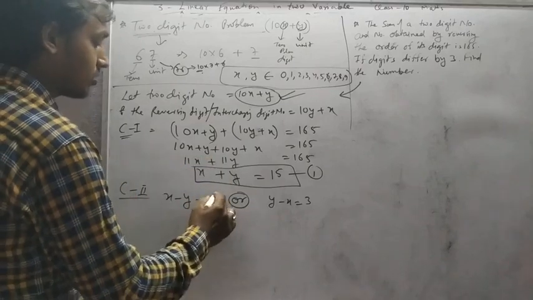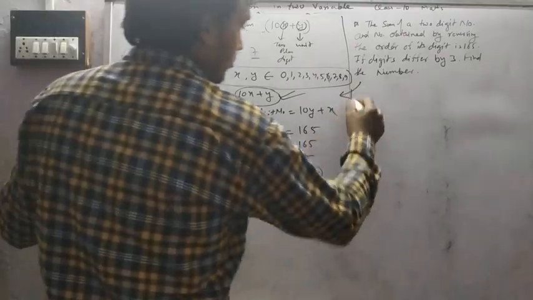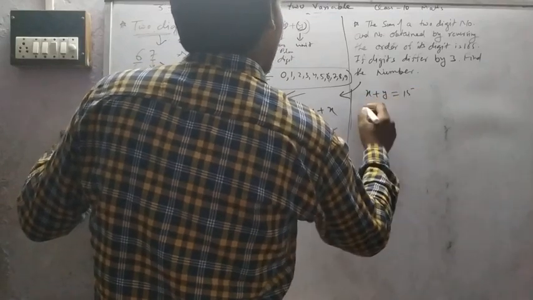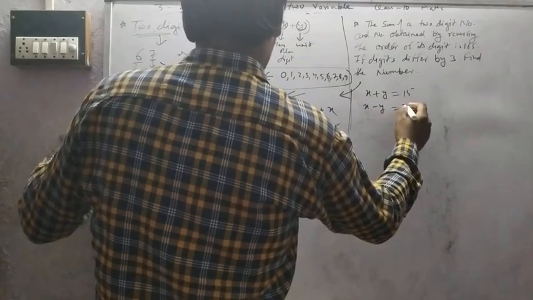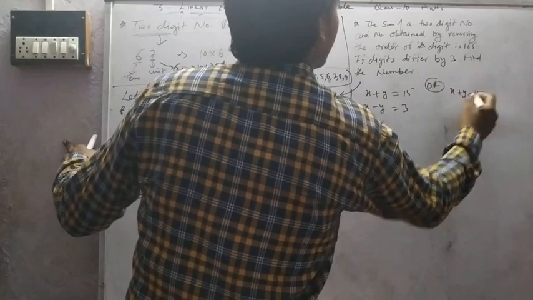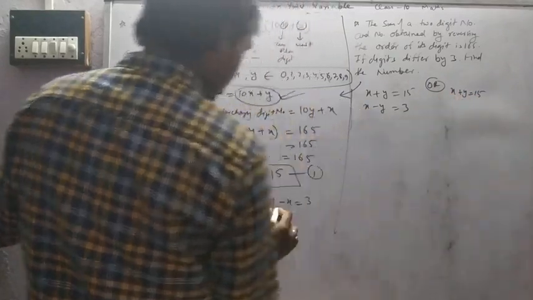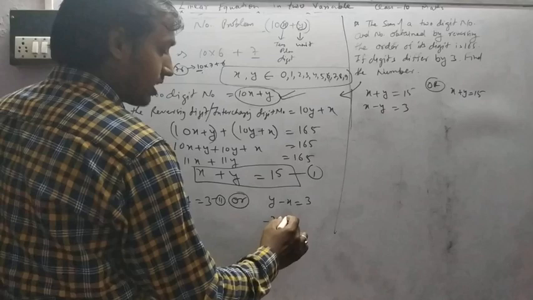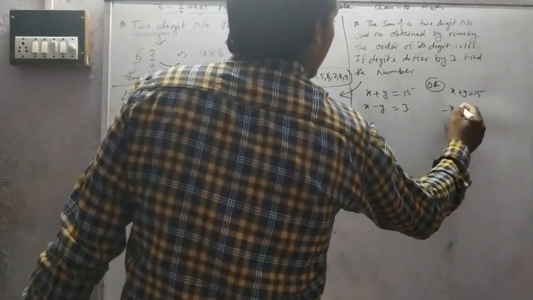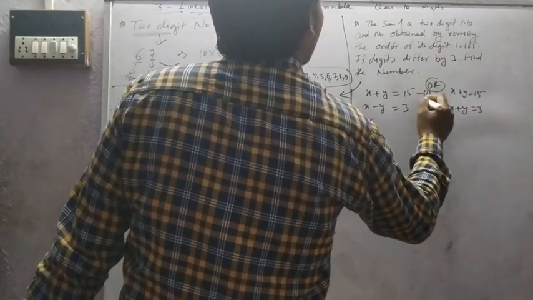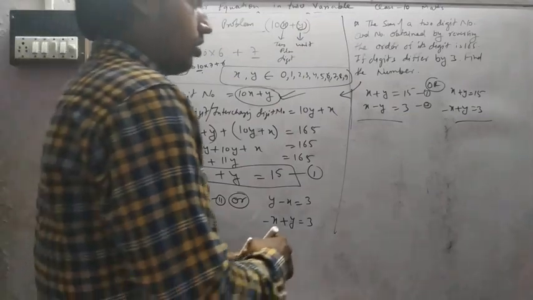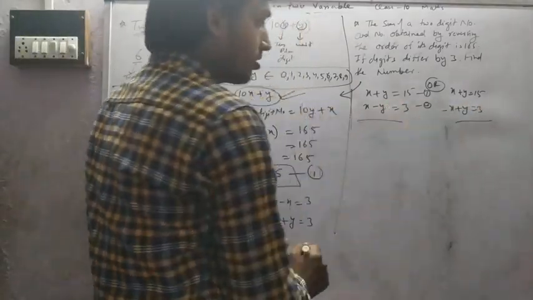First we solve for this: x plus y is equal to 15, x minus y is equal to 3, or x plus y is equal to 15, y minus x, you can also write minus x plus y, minus x plus y is equal to 3. So for both equations you can solve it. Either x greater, or y greater.